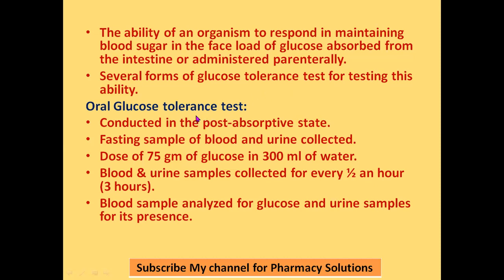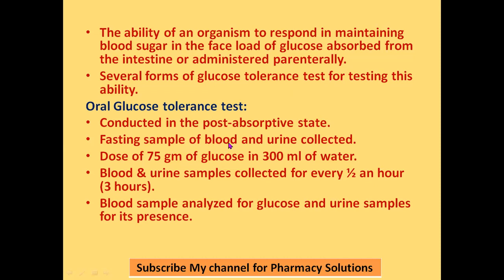Coming to the procedure for the oral glucose tolerance test, it is conducted in the post-absorptive state, that is, the patient is not given any food overnight. In the morning you check the fasting sample of blood and urine.